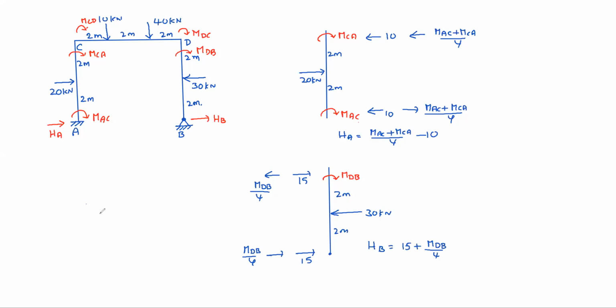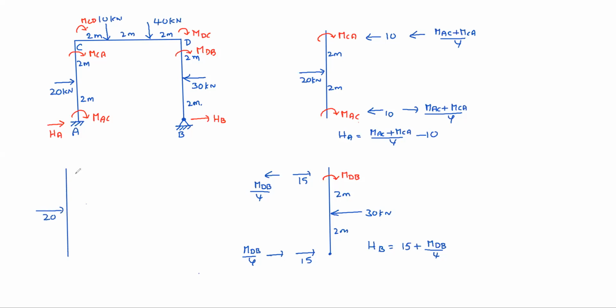So after getting these reactions, okay, now take the AC beam separately. Here after getting HA, you can draw HC also, like this. HC also you can find. See, this is the load 20.